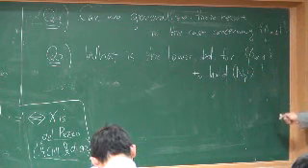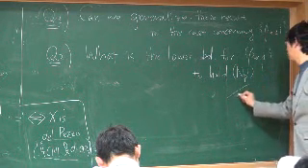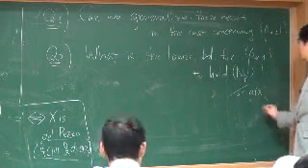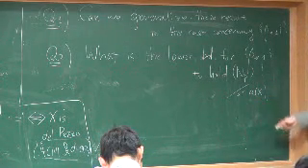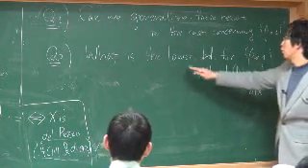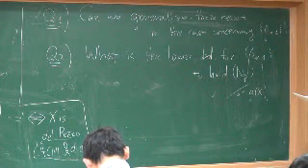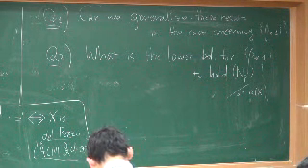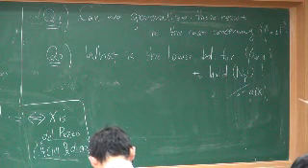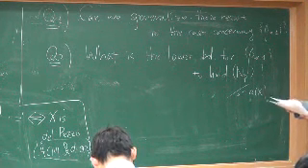So for given P, or for given AX, to achieve this AX number, what is the minimal number of these beta ij? This is our basic question for this study.